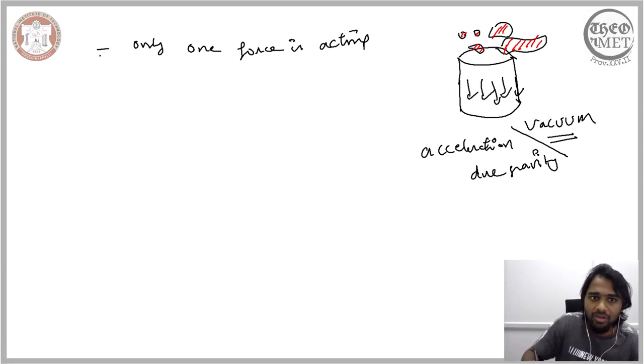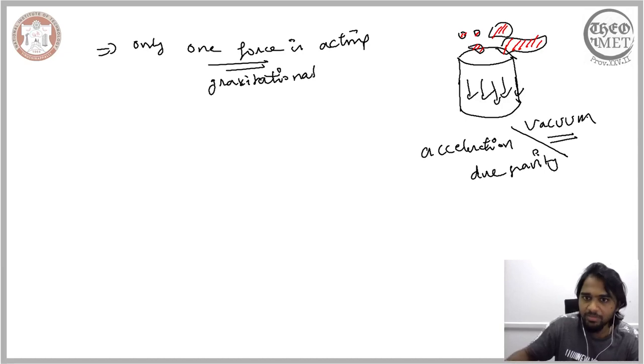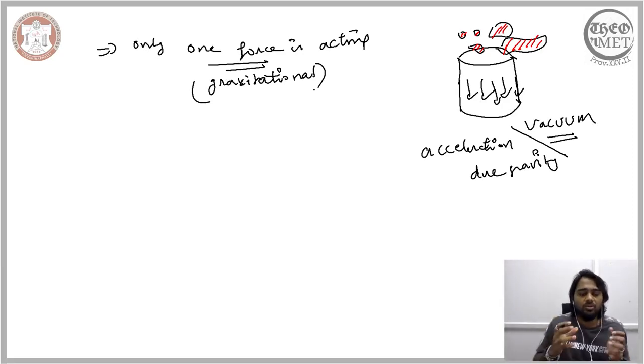Therefore when you have only one force acting, in this case the gravitational force, and here the vacuum is for a thought experiment, it is not possible for us to separate the particles using the classification process.